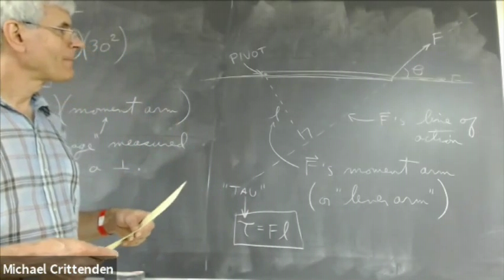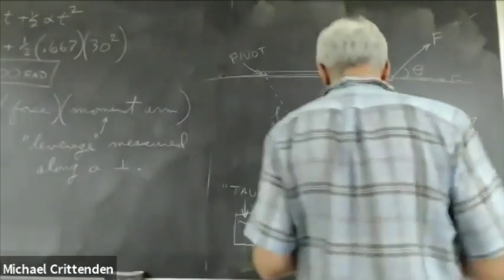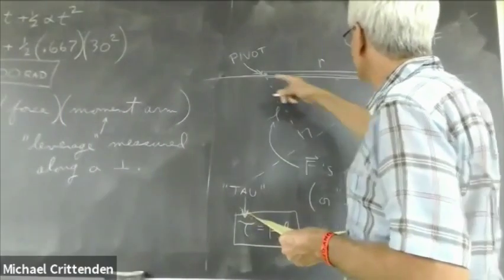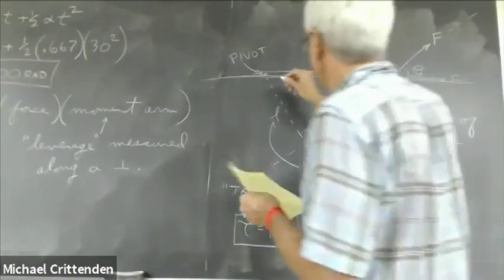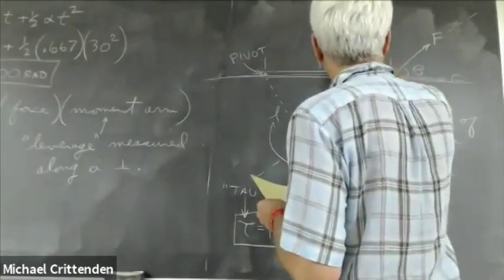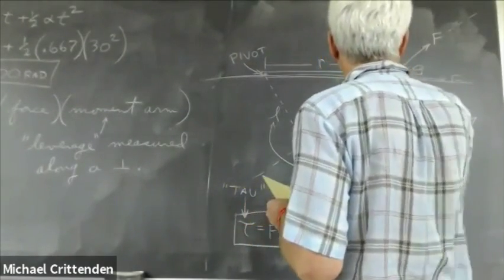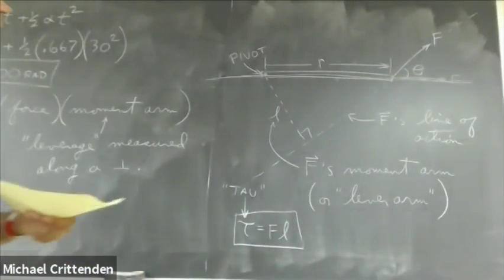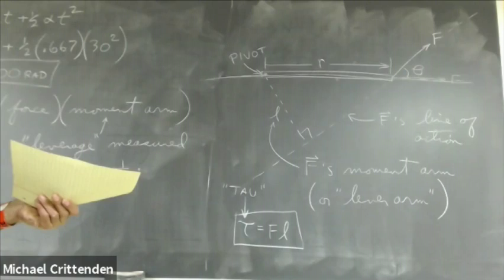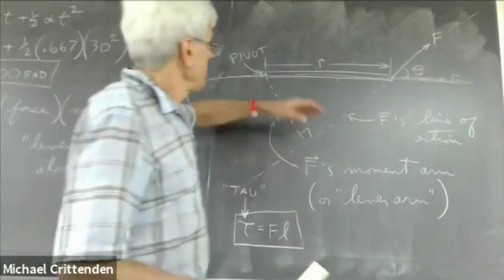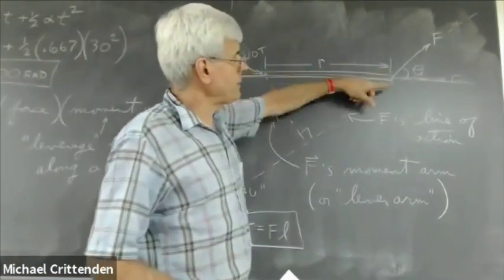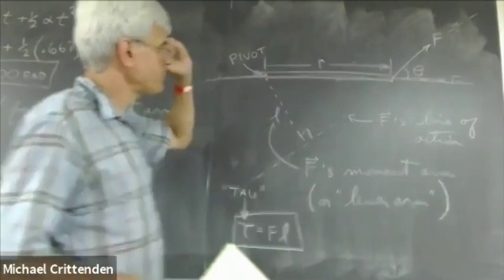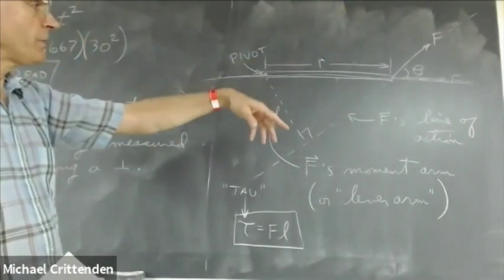Now, notice, well, first of all, I'm going to call the distance from there to there R for radius, because as this thing rotates, the end of the wrench moves along a circular path of radius R. So R is the radius out to the point where the force acts.